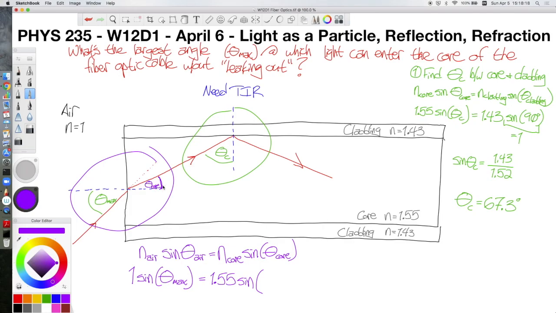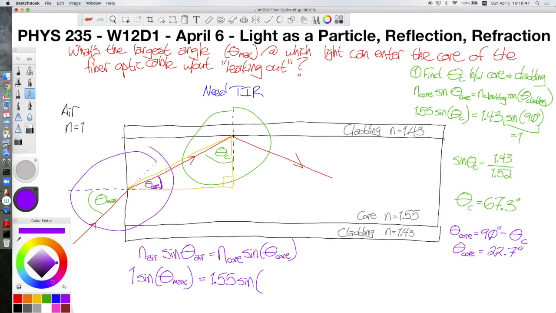It is not the same as the 67.3 we just found, but there is a nice handy triangle here, a right triangle even, that we could use to quickly find the angle we need that I've labeled theta core here. So you could see that theta core has to be 90 degrees minus our critical angle.